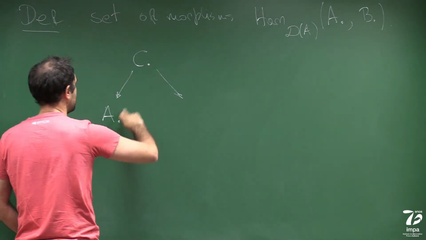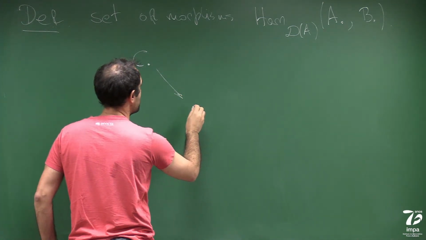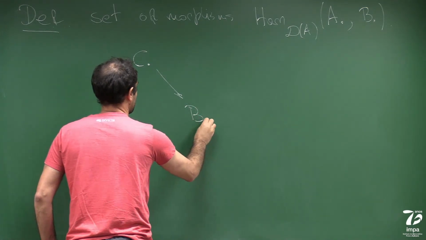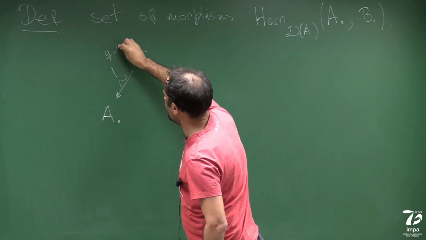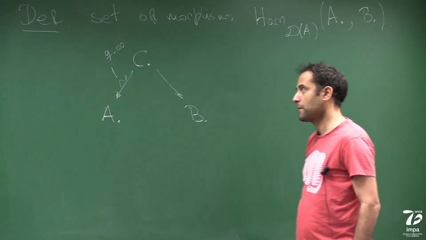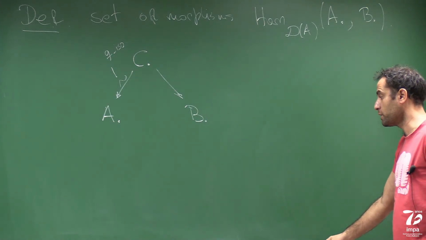I'm going to start dropping this dot, and every object is always a complex, where this is a quasi-isomorphism. Now this is not good enough. This is not good yet.